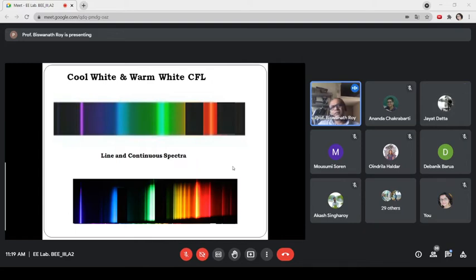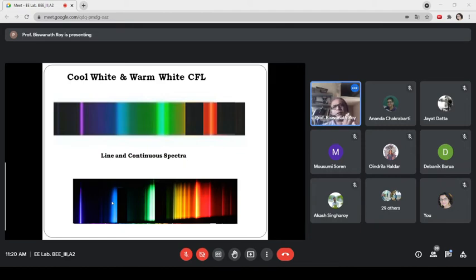Yes. And see, these are the contribution by the phosphor. This is the contribution by the red phosphor. This is the contribution by the green phosphor. This is the contribution by the blue phosphor. So they are not emitting in a narrow band region. They are emitting in the broadband region.